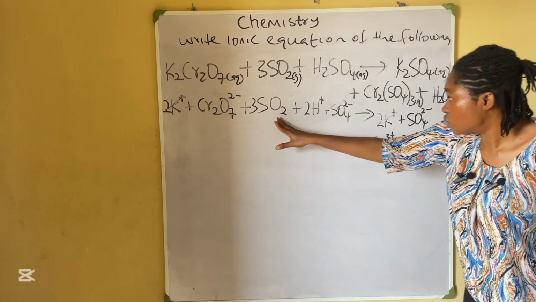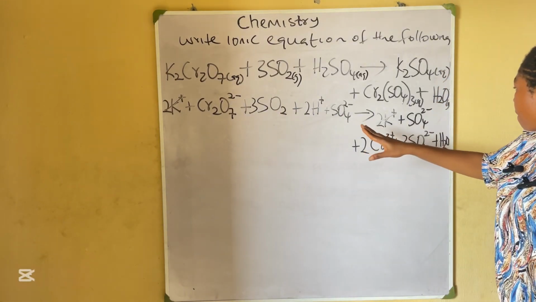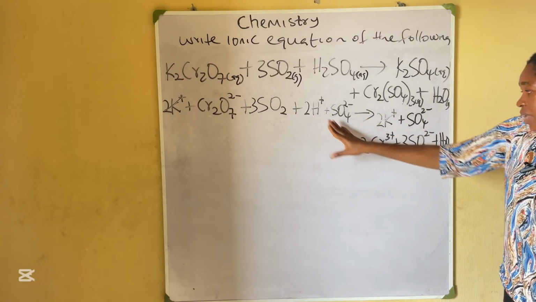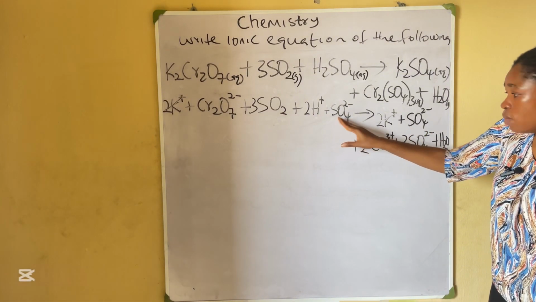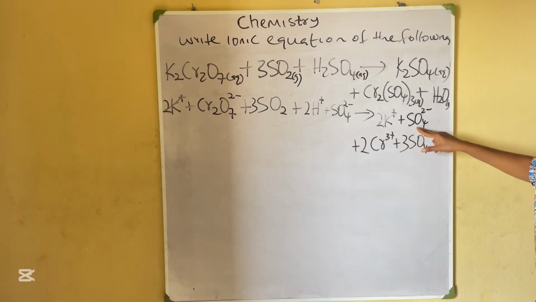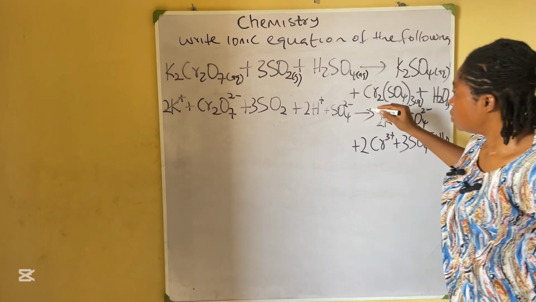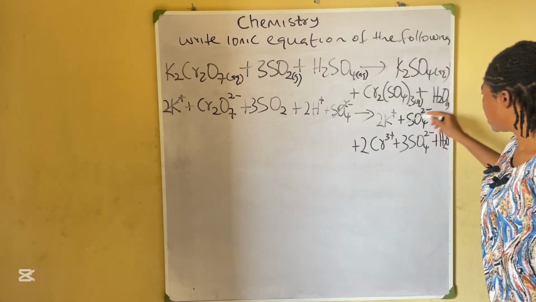Okay, let's look at SO2. This is a gas. Don't break it up. Let's look at hydrogen ion. I have 2 moles of hydrogen ion, and I don't have any hydrogen ion here. So let's go to sulfate, SO4 2 minus. I have 1 here, I have 1 here. It will cancel out. I'll cancel this one out.